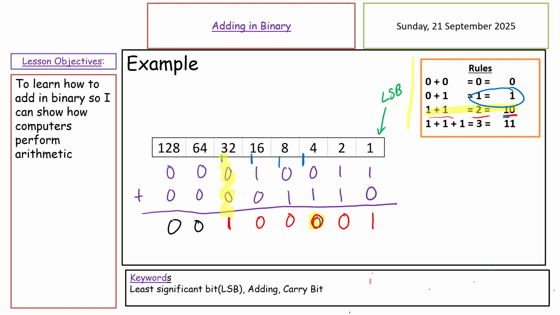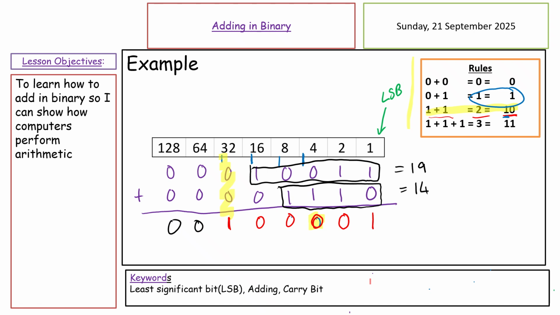Now what we can do in here is check our answer. If I take this number here, 16 plus 2 plus 1, that number is 19. And if I take this number here, I've got 8 plus 4, which is 12, excuse me, plus another 2, which is 14.